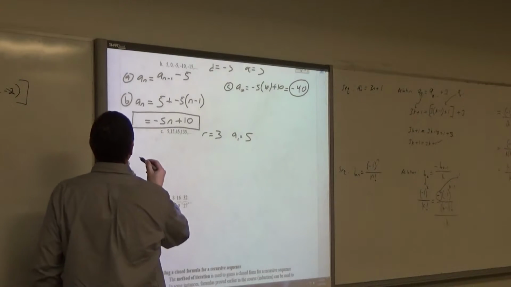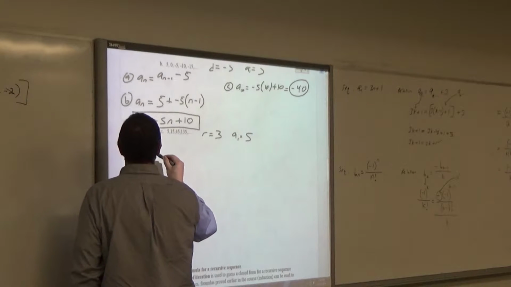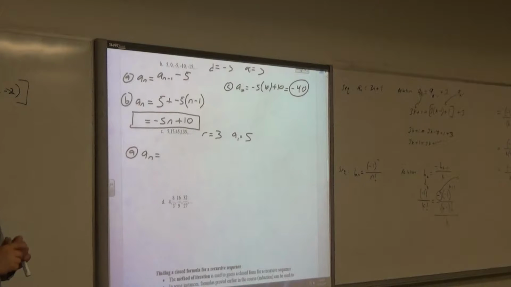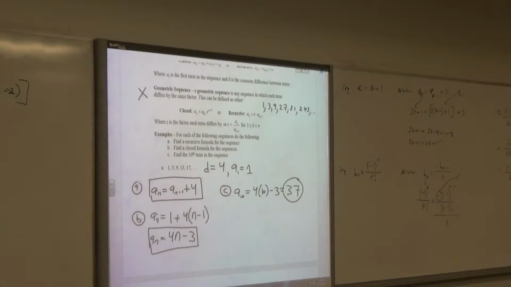So, if I wanted to get the recursive definition for this, a sub n, we look back now not at our definition for arithmetic, but now geometric. Let me scroll back up to that just to make sure we're okay with this. All you do is take the initial value and multiply it by r to the n minus 1.